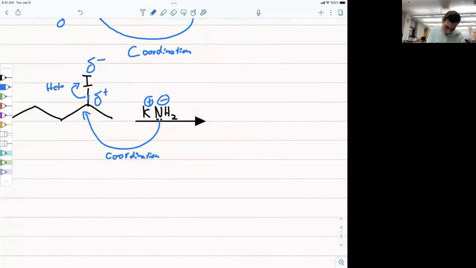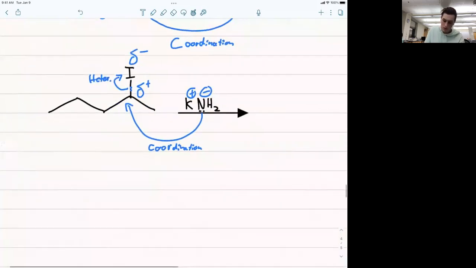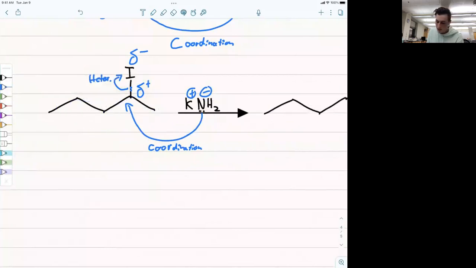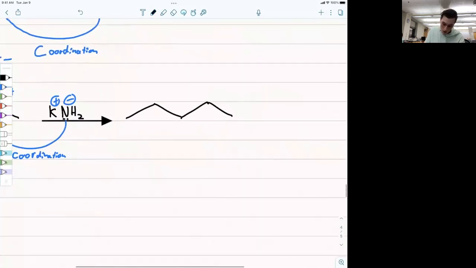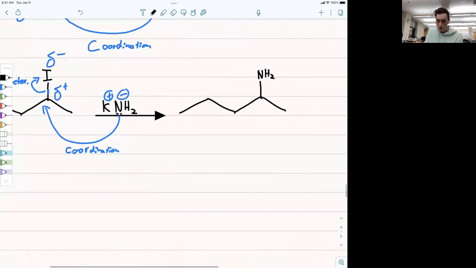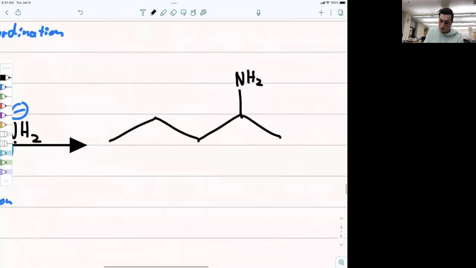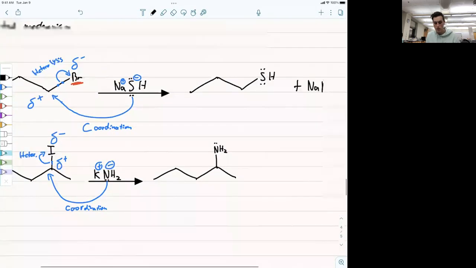I'm going to kind of simplify that. And what we'll see in the end is NH2. And this will have just one pair of lone pairs. And that's going to be our reaction in that case.